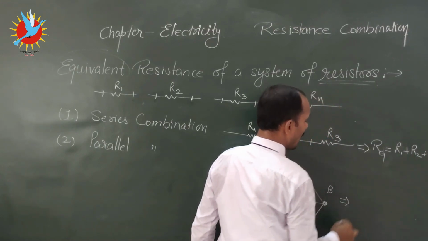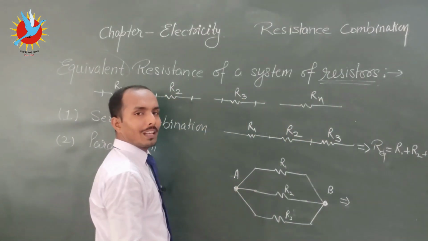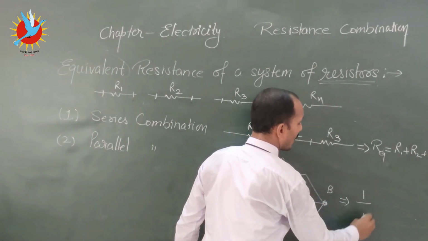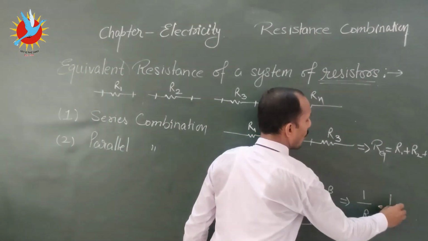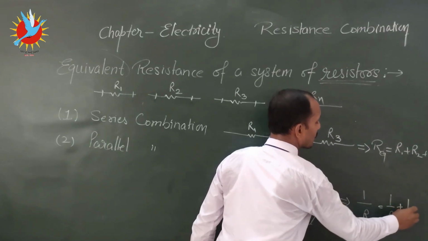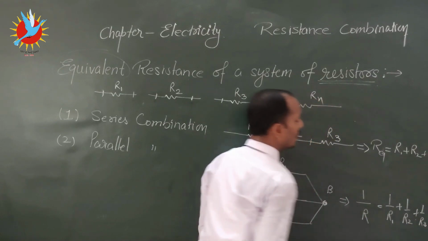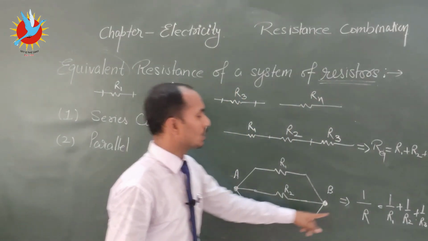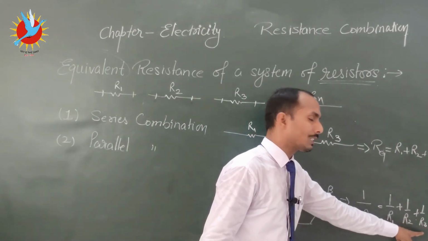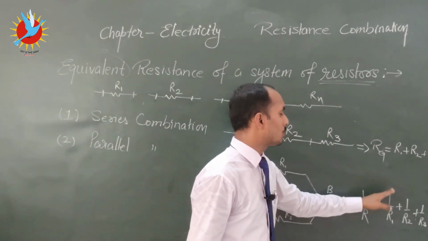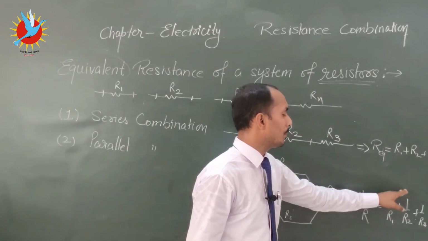And in case of parallel, the reciprocal of the total resistance R is equal to 1 by R1 plus 1 by R2 plus 1 by R3. We use only 3 resistors here. If there are 2 resistors, then I use 1 by R1 plus 1 by R2.